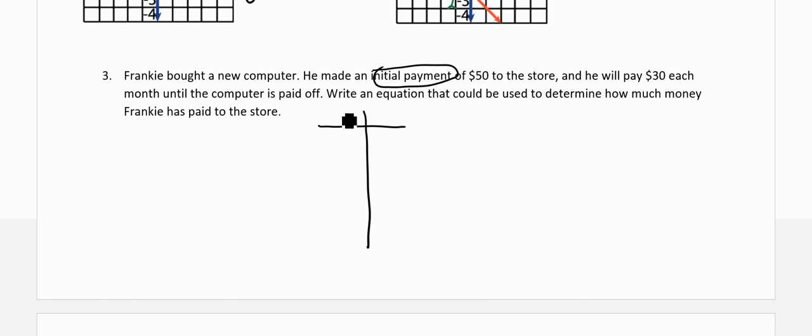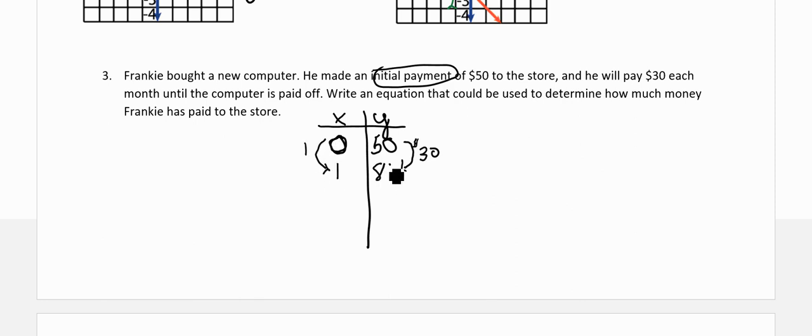a table here. Before any months have passed, he's actually paid $50 for that computer. And after 1 month, he's going to pay $30 more.